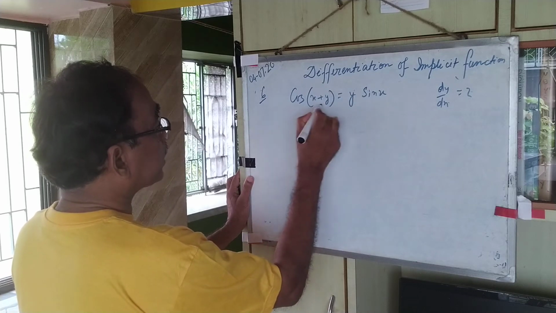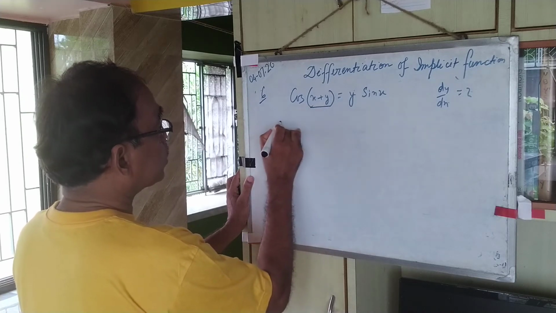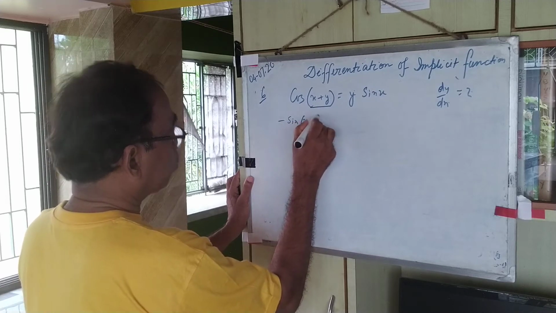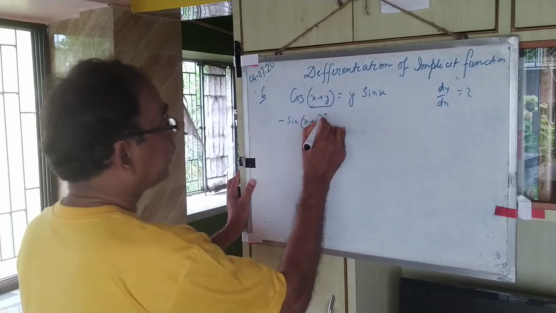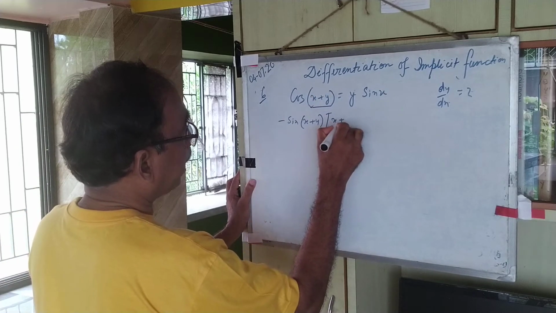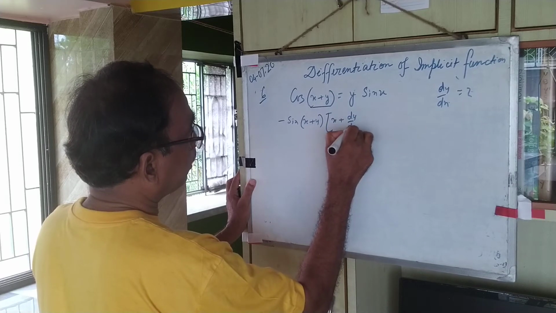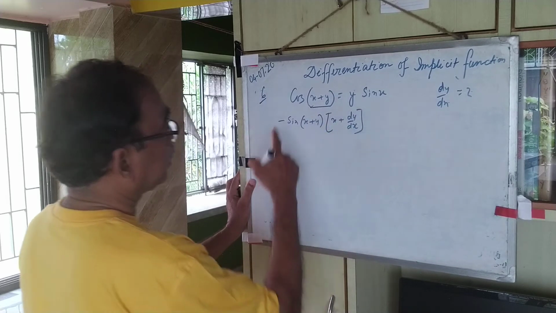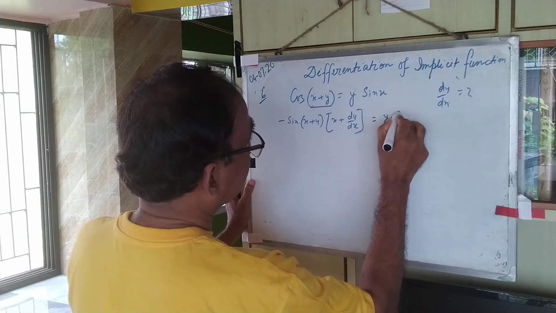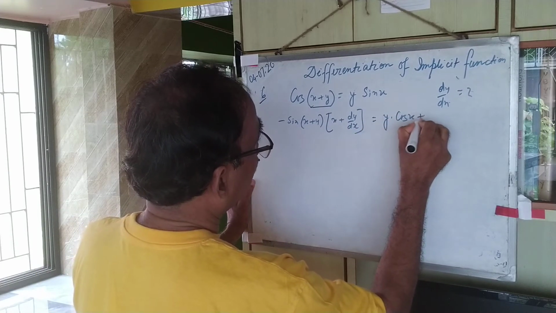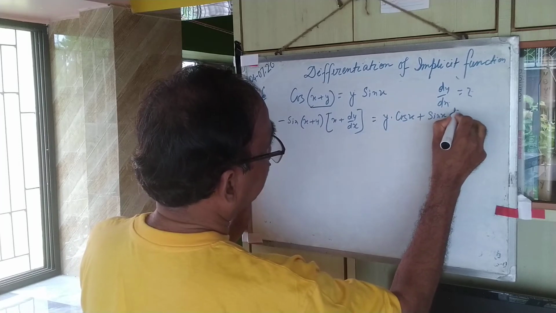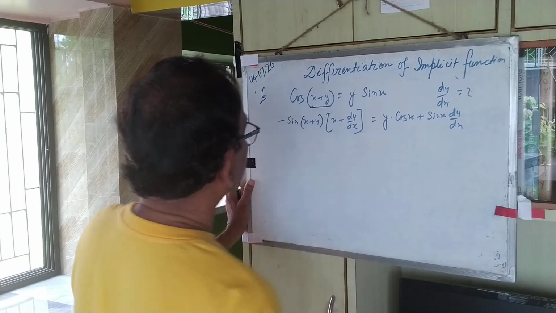This is cos x, this is chain rule: cos theta's derivative is minus sin of x plus y. Then chain rule, 1 plus dy by dx. On the right, y is constant, sin x derivative is cos x, plus sin x constant, y derivative is dy by dx.